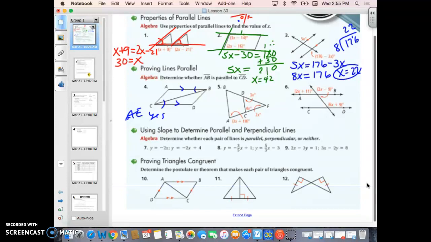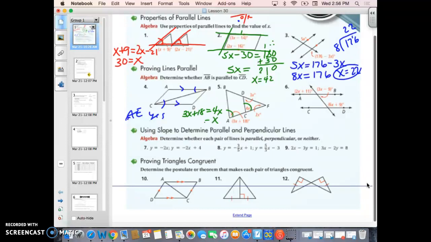Here, there's a couple things we have to do. First, we have to figure out what x is, and then plug it in to see if they're parallel. So the first thing I can do is see that these angles here are going to be congruent to each other because they're parallel lines cut by a transversal. So I can use that to figure out what x is. So 3x plus 18 equals 4x.